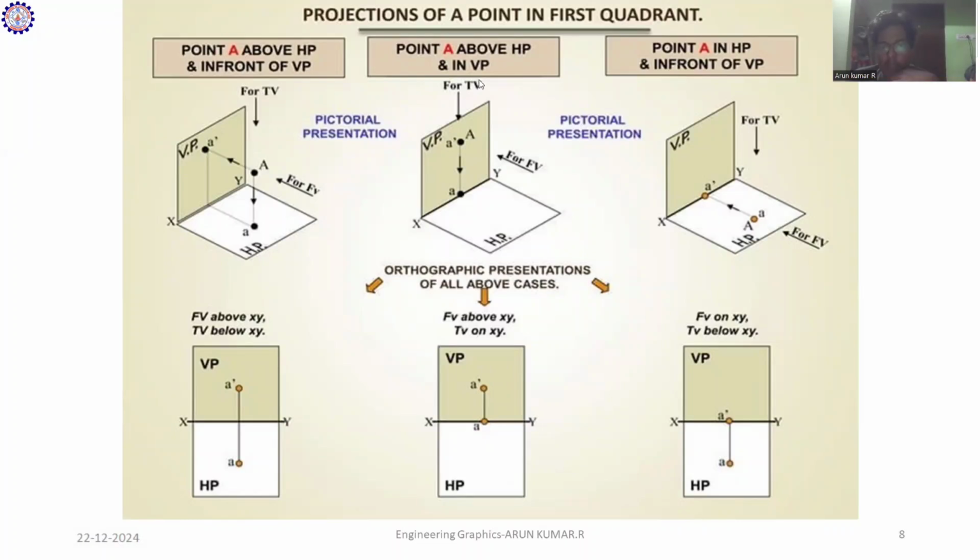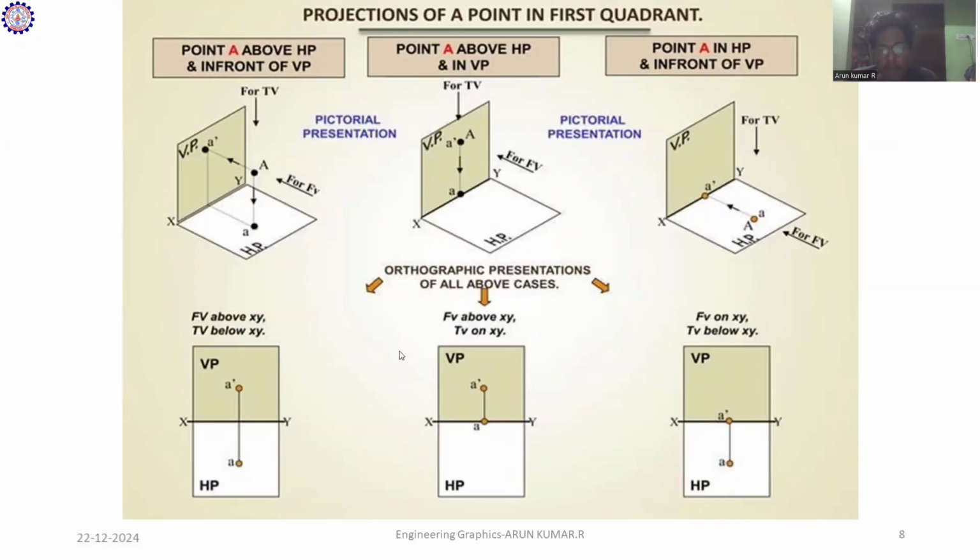Similarly, in VP the top view is seen with point A lying on the XY line. The third case: the point A is in HP and in front of VP. What is the meaning of this case? The point A dash is lying on XY, and A is lying on the HP plane, as seen in the top view.